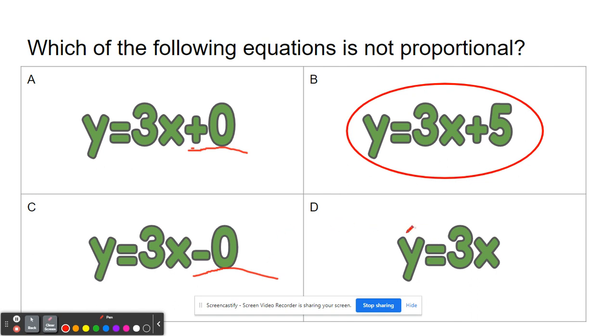So it doesn't change this proportional equation here. These three are all the same equation. They are all proportional relationships. But B is the only non-proportional relationship, because I'm adding 5 at the end. That changes it so it's not a constant rate anymore.